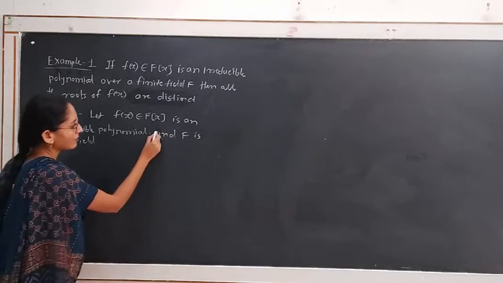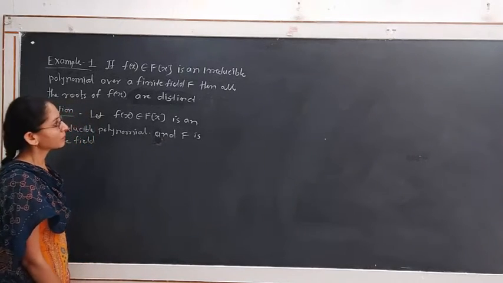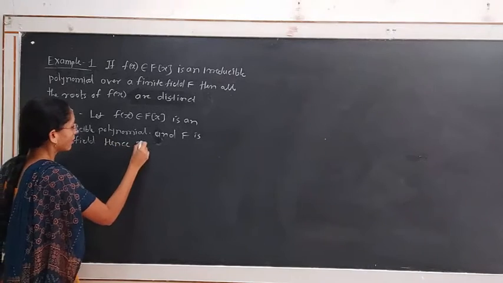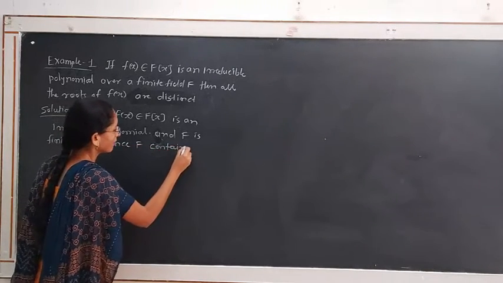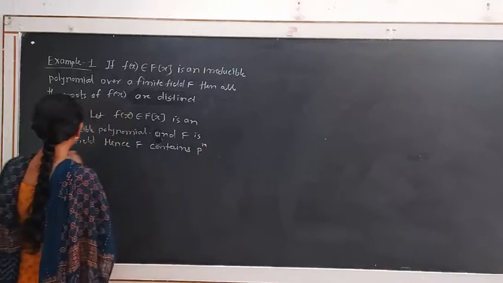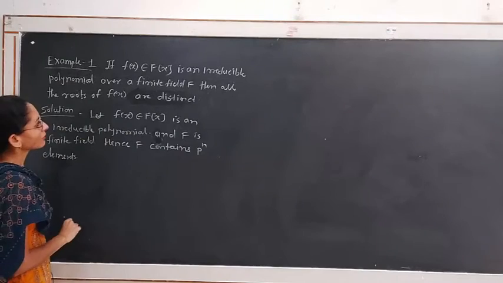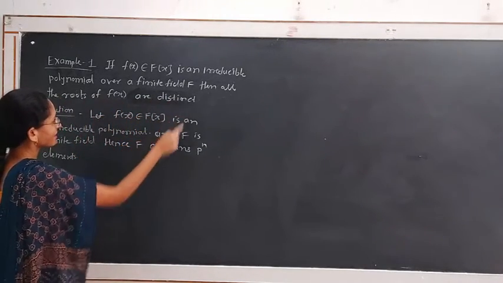We know any finite field contains p raised to n elements for some prime p. Hence, F contains p^n elements. What we have to show is that all the roots of f(x) are distinct.